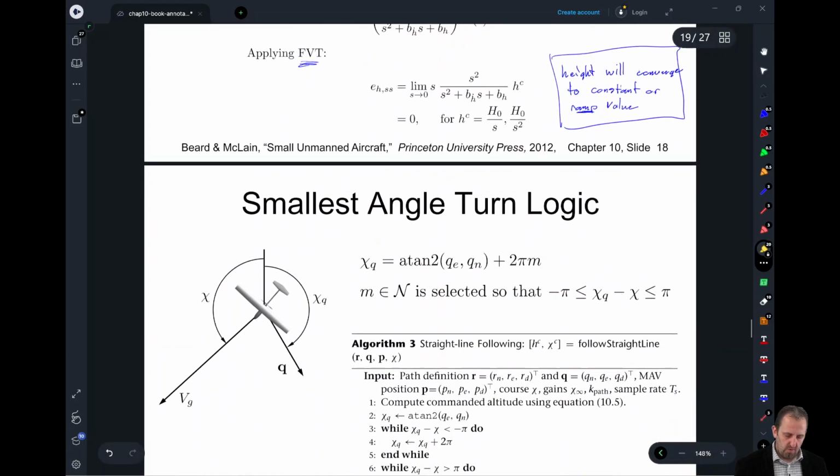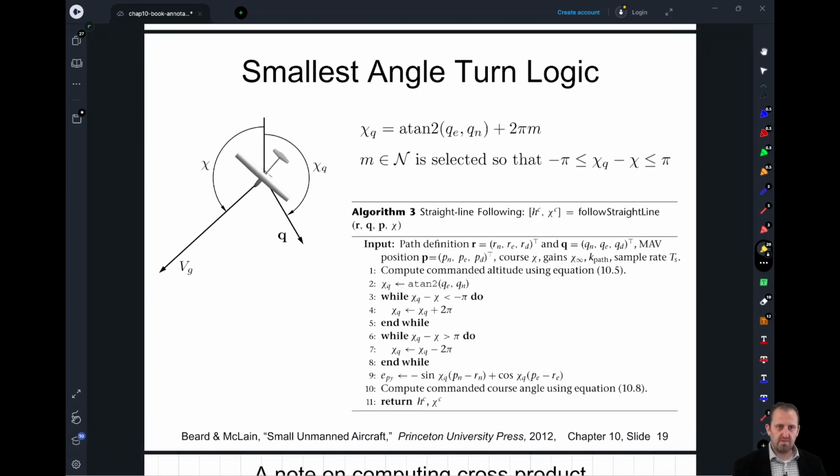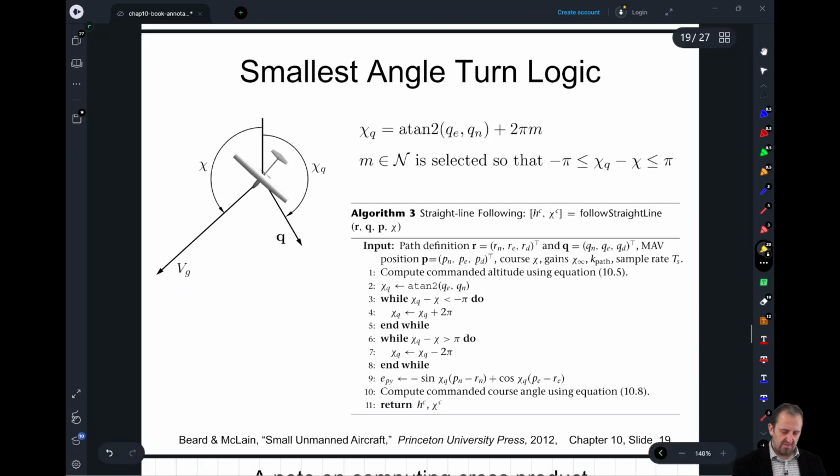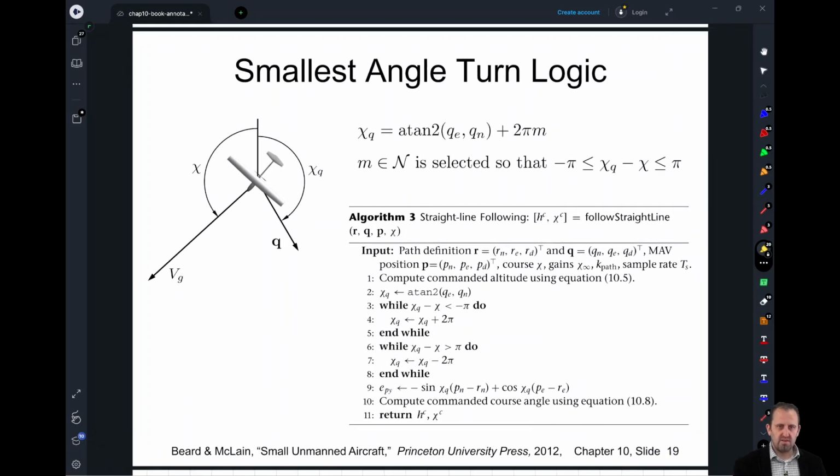Okay, so before we finish up talking about this line following controller, we need a couple of tips. And this really should have gone in the previous video on this. We need the angle of our line, subtract our actual course angle. This is going to help us know the error in course angle.